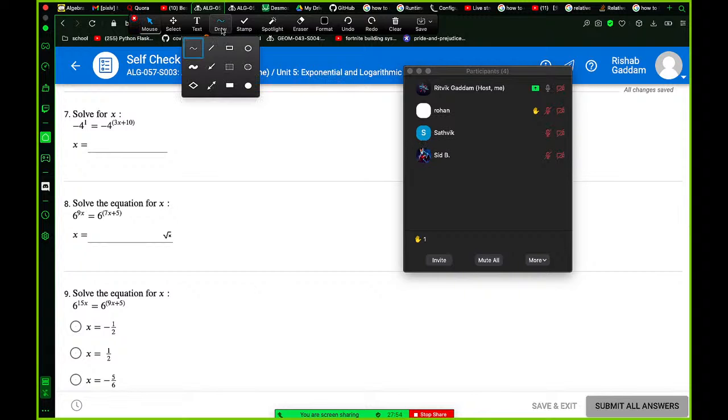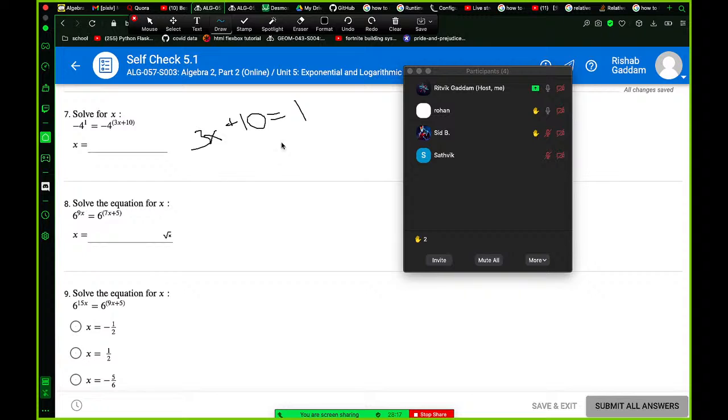Number 7. If you want to do number 7, then raise your hand in the participants list. Rohan, you can do this one again. So we get 1 is equal to 3x plus 10. The x is negative 3.